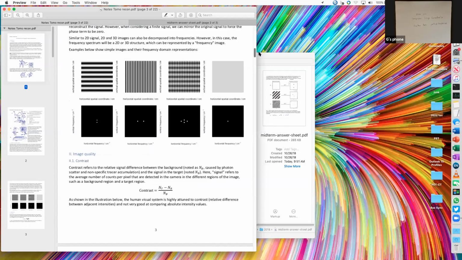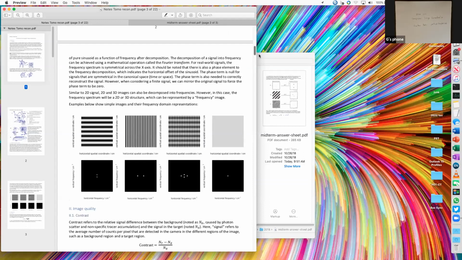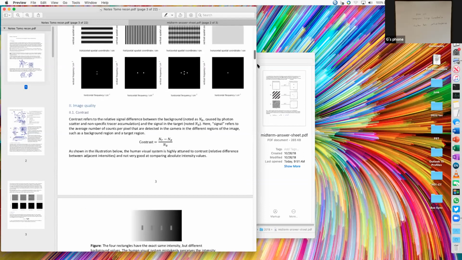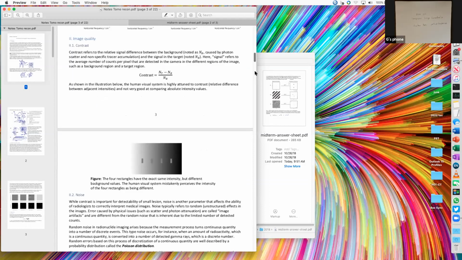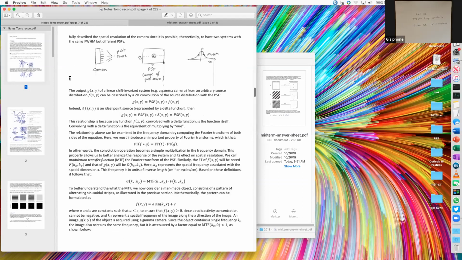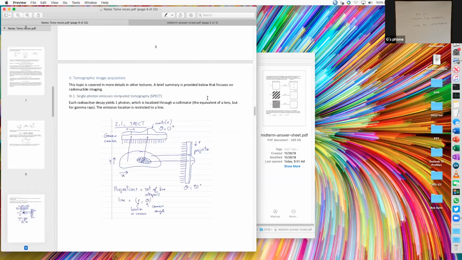There's a short section on image quality that you can read, but it's optional because the course is a bit shorter this year. The important part is the section starting from section 2 on tomographic image reconstruction and acquisition. You may want to use those notes to review the course material later. Feel free to always email me if you have any question about the lecture or the lecture notes. My email is on the screen here on the document camera, if you can see it.